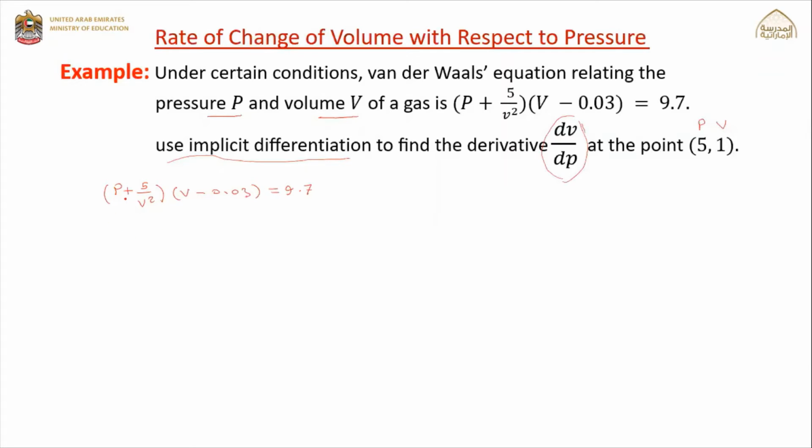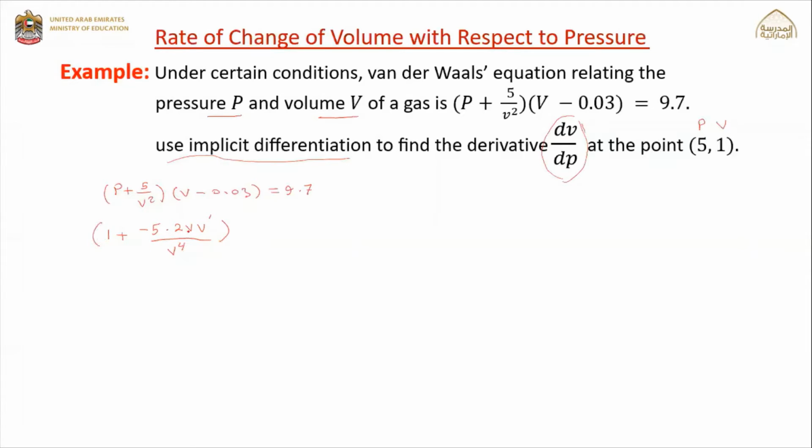The derivative of the first one, P + 5/V²: the derivative of P is 1, plus the derivative of 5/V², which is negative 5 times the derivative of the denominator, which is 2V V' as implicit differentiation, over the square of the denominator, which is V to the power 4.